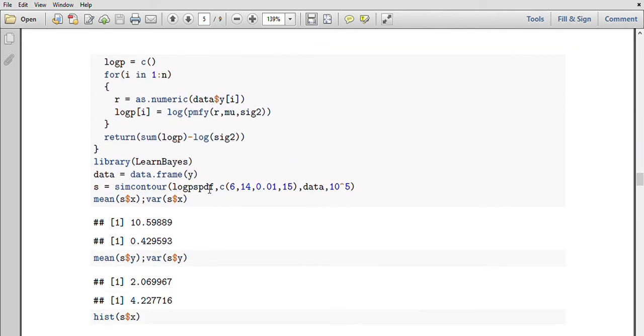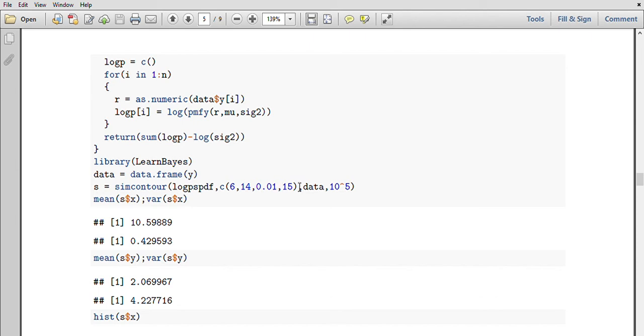Now this is how we are going to use the simcontour command to generate observations. For this, we must give some limits for mu and sigma square. Here I have given the limits as 6 and 14 for x, that is mu, and 0.01 and 15 for sigma square. This was just a trial. You can try giving different limits, or you can give the same limits which we have given earlier, that is 1 and 15 and 0.001 and 30.